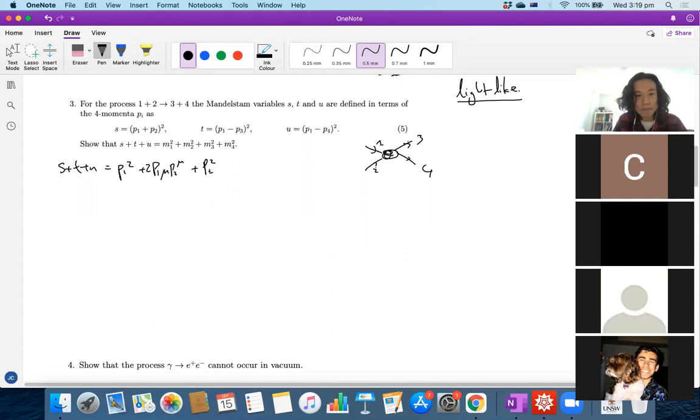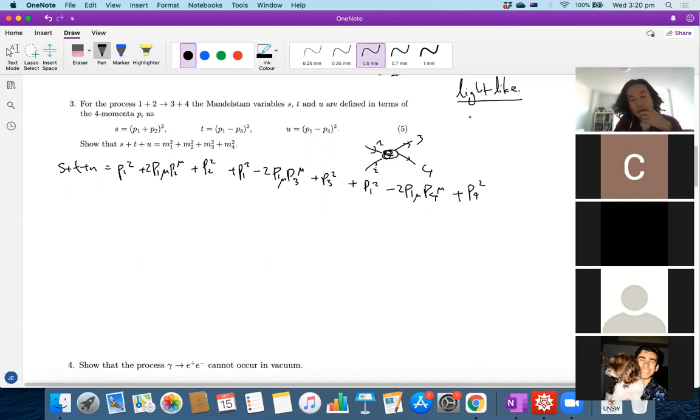And then T is P1 squared minus 2 P1 mu P3 mu plus P3 squared. And then the last one, U, is P1 squared minus 2 P1 mu P4 mu plus P4 squared.